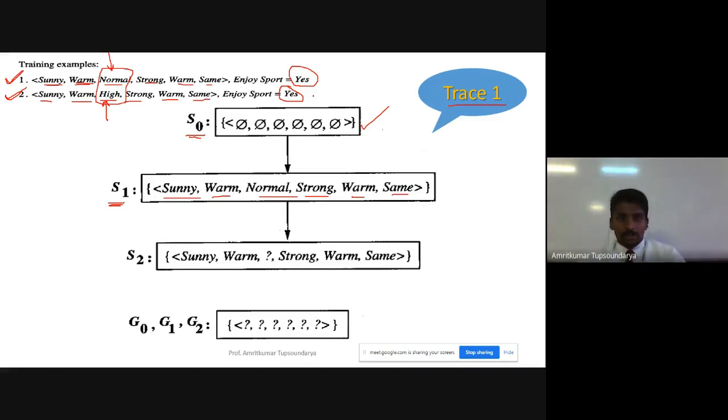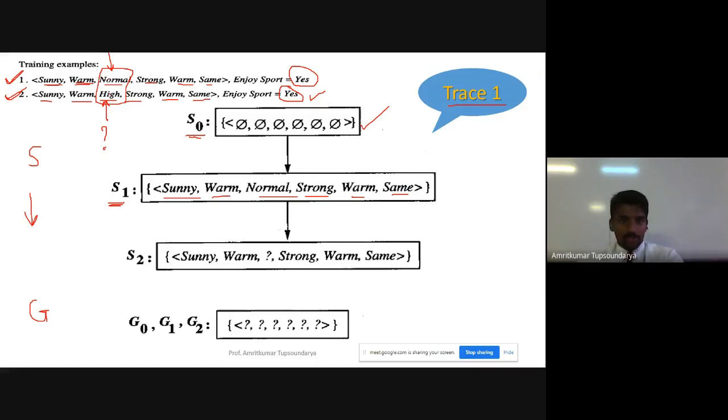Since it is a positive example, we are again going to move towards generality, from the most specific, by replacing this attribute value with a question mark, right? Because it is a change.